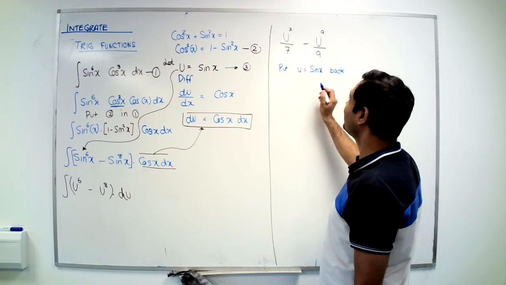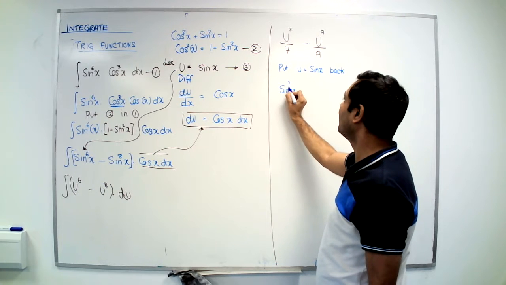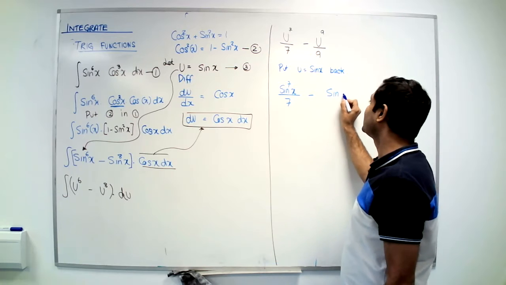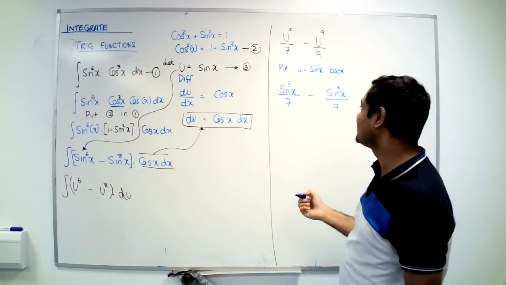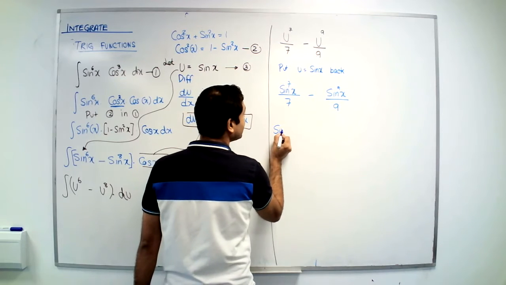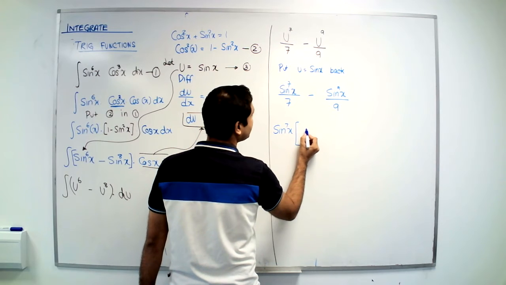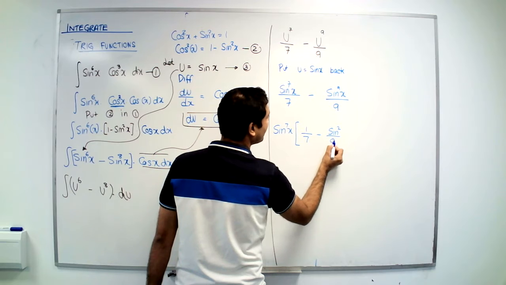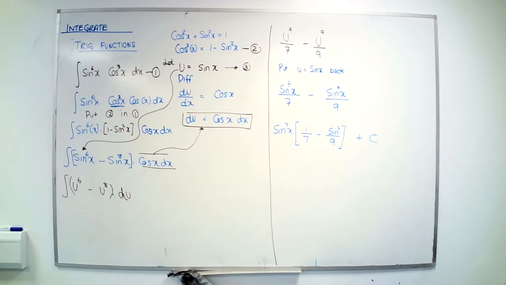So that becomes sine x to the power 7 over 7 minus sine x to the power 9 over 9. There's something common: sine 7x. You can take sine 7x common. You get 1 over 7 minus sine square over 9, plus c. That is your answer.